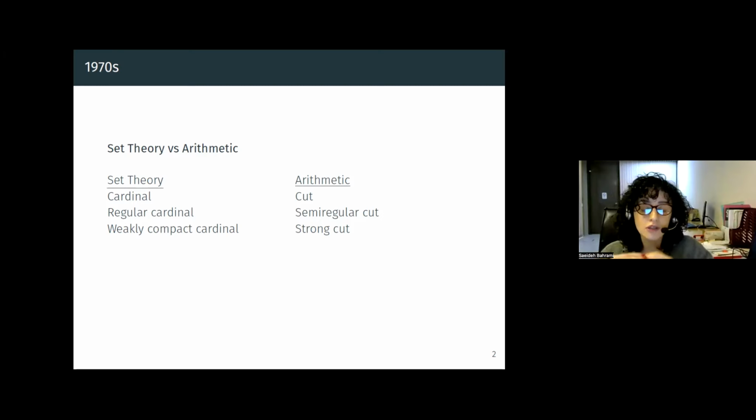When we are talking about cofinality, we want the function to be coded, and we want that function to be a bijection from the cofinality to the cut itself. And whenever we're talking about strong cuts, we mean a kind of infinite Ramsey theorem should be satisfied in the cut.